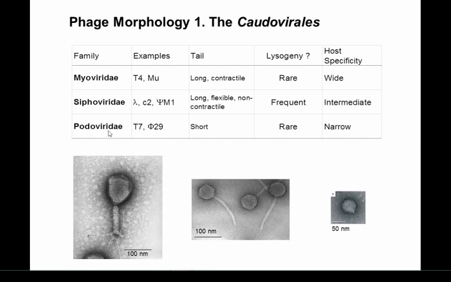And then the Podoviridae, like phage T7, that's what you have here. You have an icosahedral head and then a kind of base plate at one of the vertices of the icosahedron. So they don't have a whole tail here. They've just got this basal structure attached directly to the head.